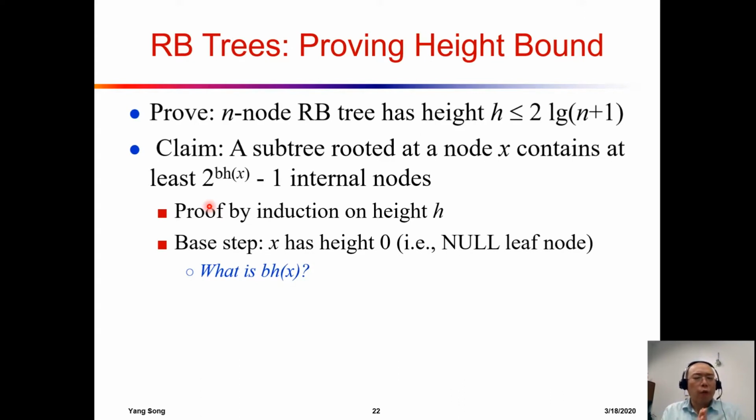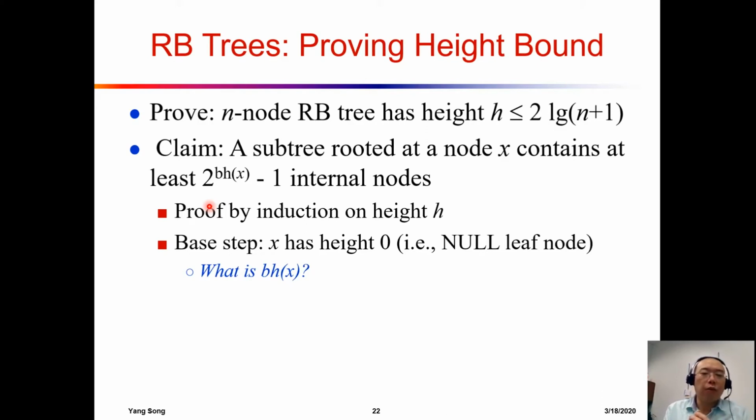So what is the most fundamental, the easiest, the most basic case we can find? Well, that is, of course, when the current node x itself is a leaf.